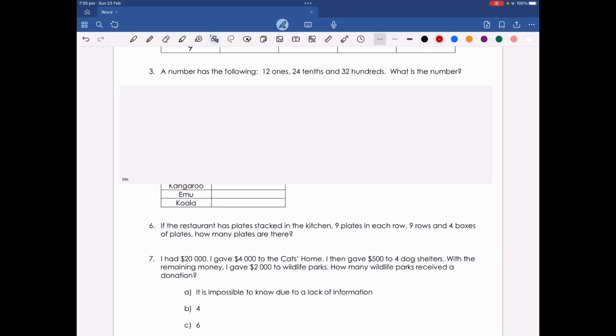Let's go to this tool. So a number has the following: 12 ones, 24 tenths, and 32 hundredths. What is the number? Let's see. So if I draw a line across here, I've got my snazzy tool that just makes them straight lines for me, which I love.